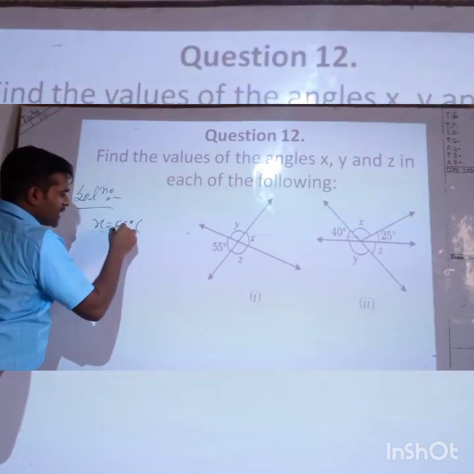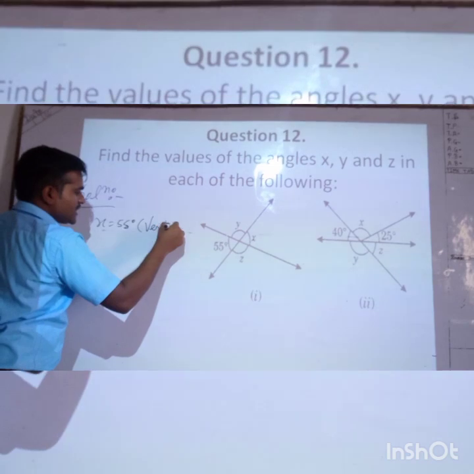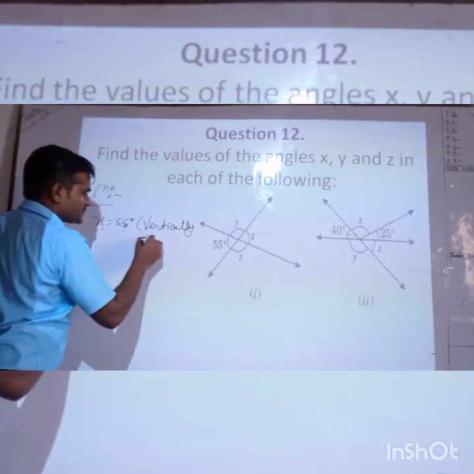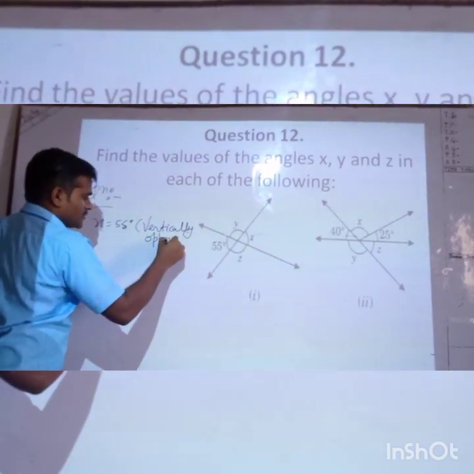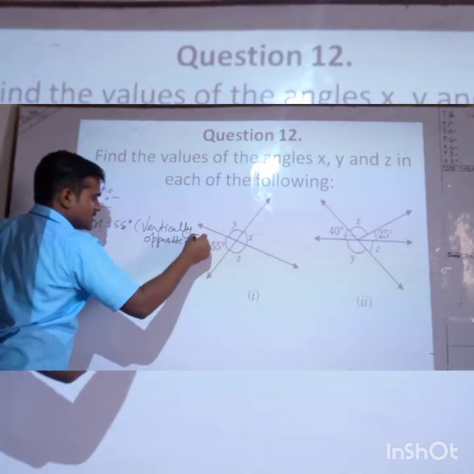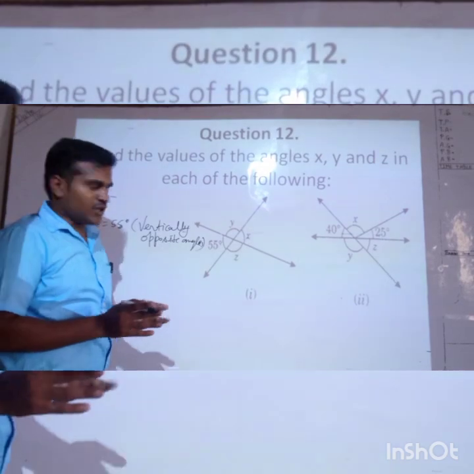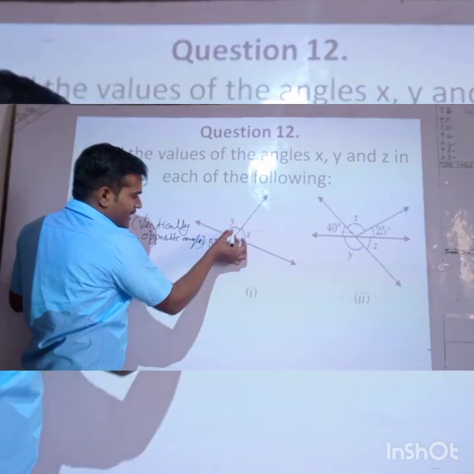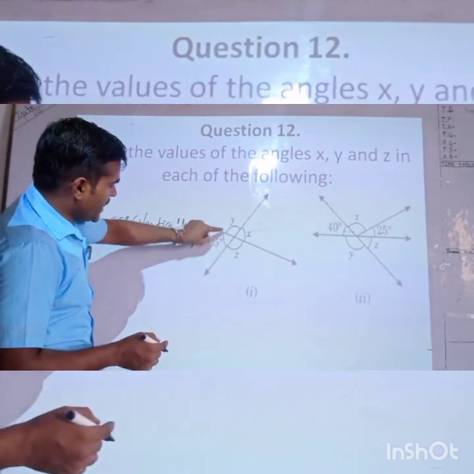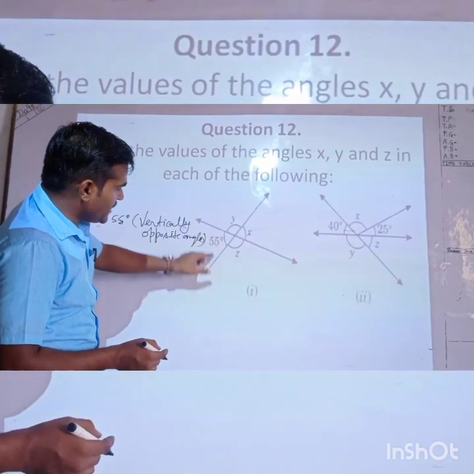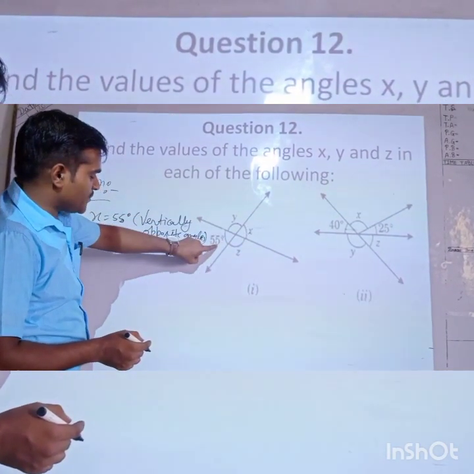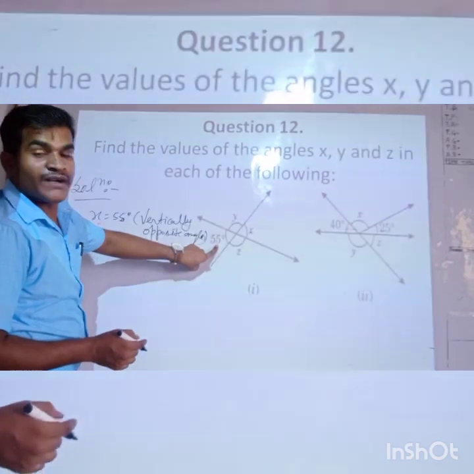How? We have to write there: vertically opposite angles. As we know that vertically opposite angles are equal. Now angle y and 55 degree make a linear pair, so angle y plus 55 is equal to 180 degree.